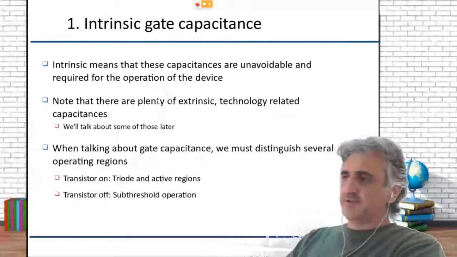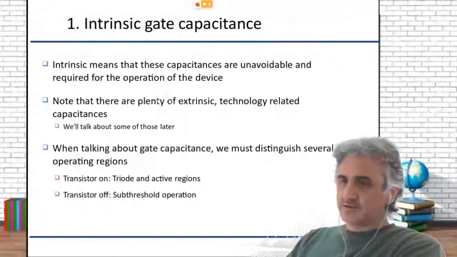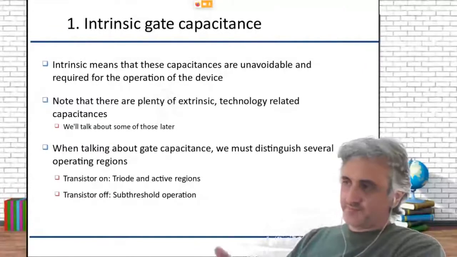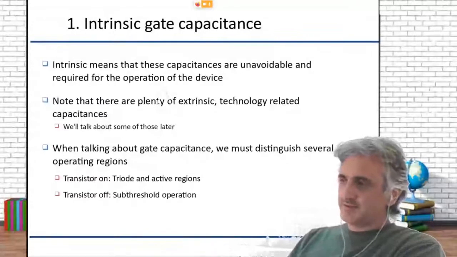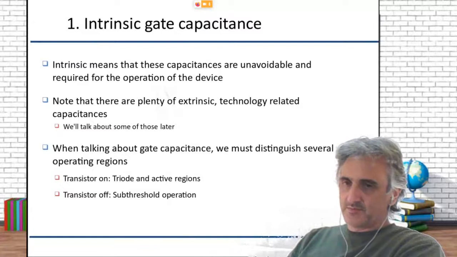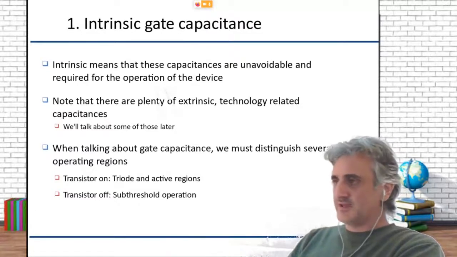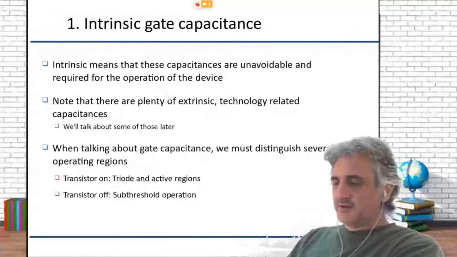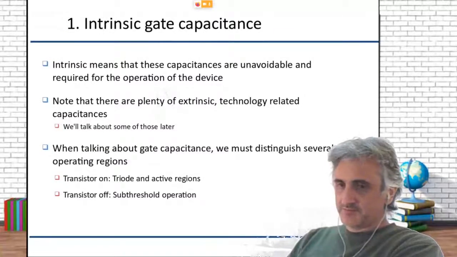We can have our transistor in the triode, or linear mode, or active saturation. We can even have the transistor in the subthreshold region, or weak inversion. So we have these three different regions, and in each region our capacitances will be different.